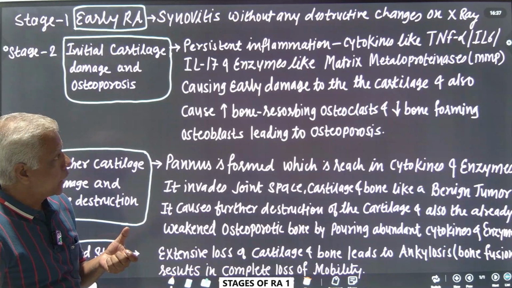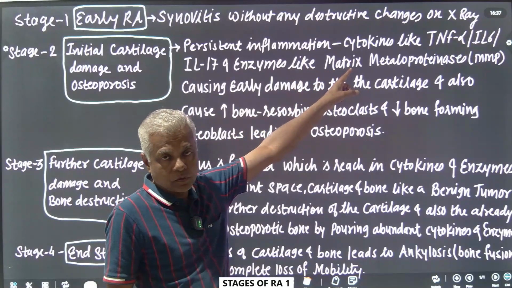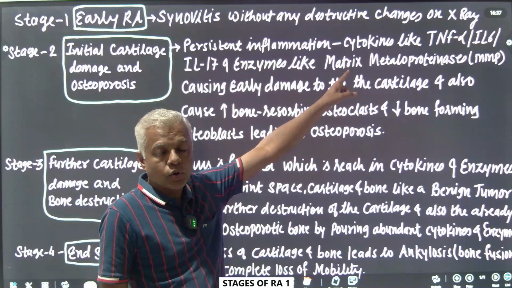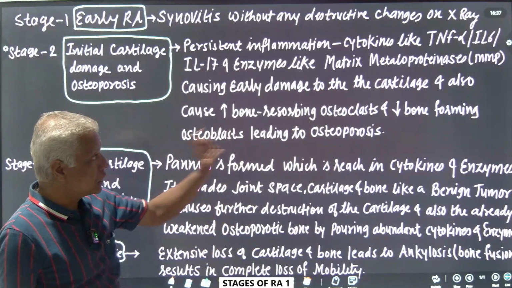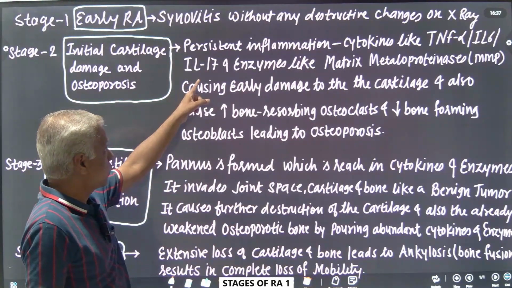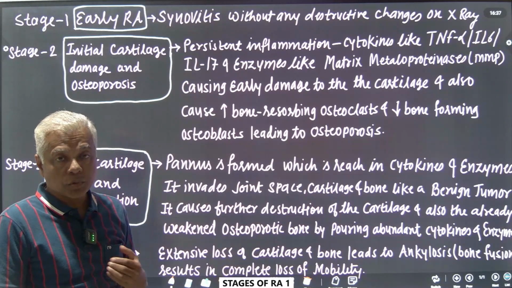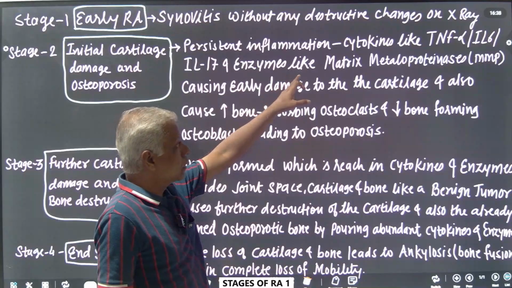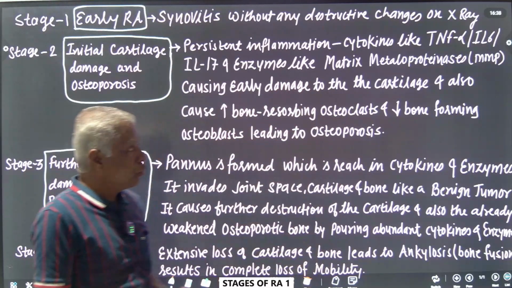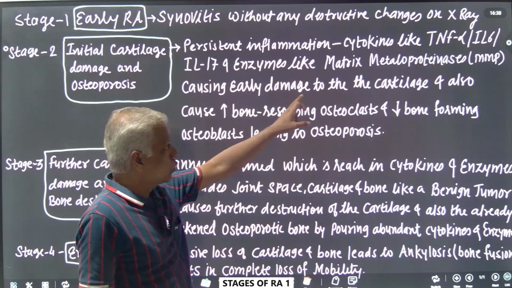So these macrophage like cells secrete these cytokines. Type A cells, which we call macrophage like cells, secrete cytokines like TNF alpha, interleukin 6 and interleukin 17. And type B cells, which we call fibroblast like cells, secrete enzymes like matrix metalloproteinases, causing early damage to the cartilage.